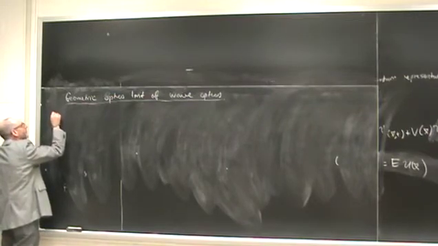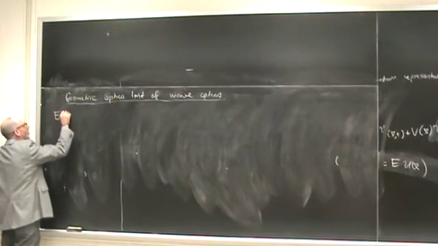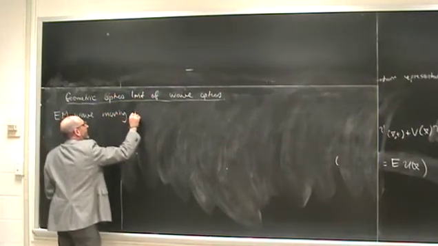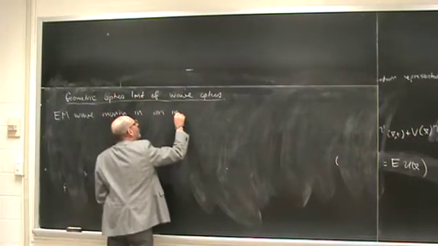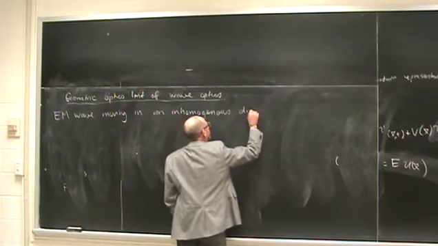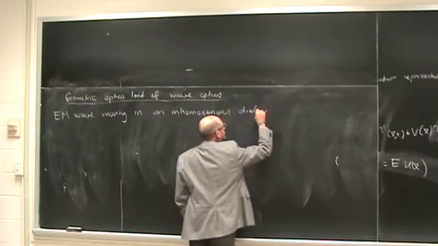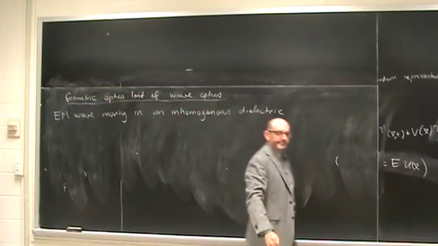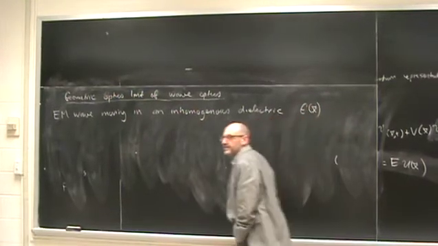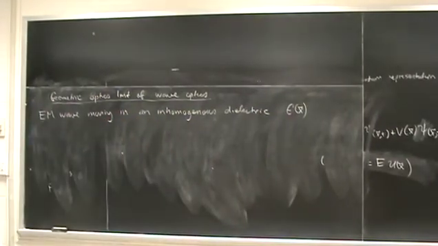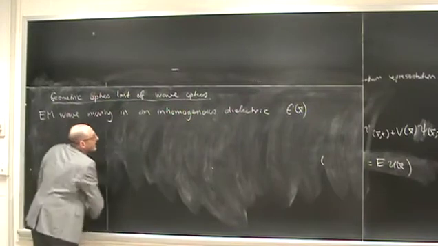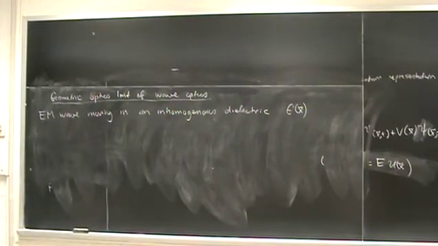Let's talk about an electromagnetic wave moving in an inhomogeneous dielectric. So let's say I have a dielectric that's a function of position, and I want to know what is the wave equation that describes this.